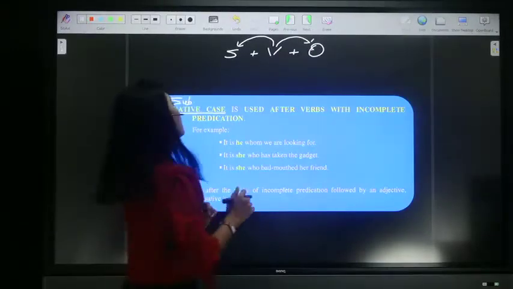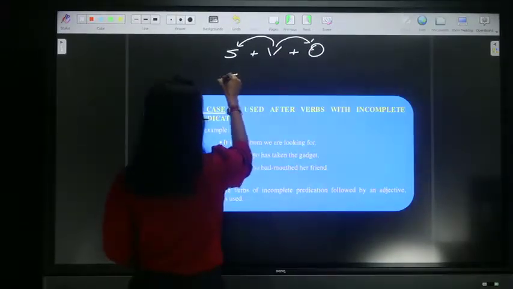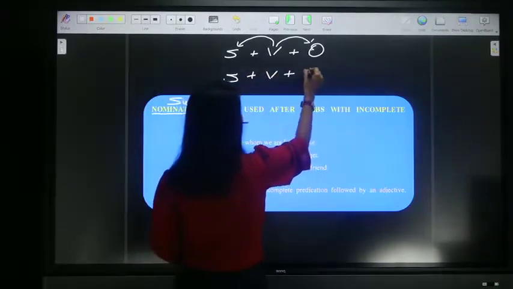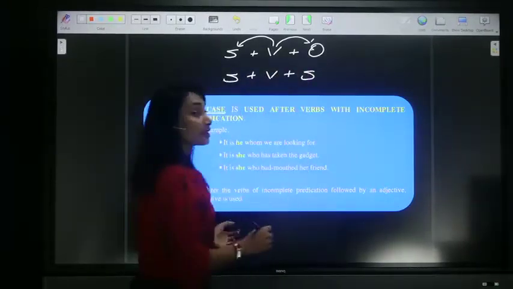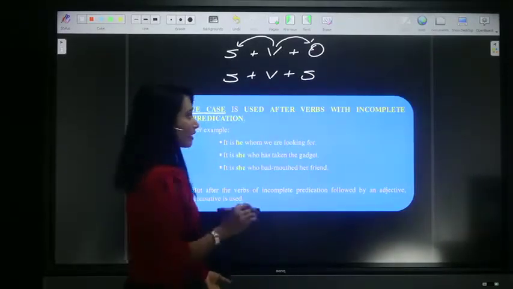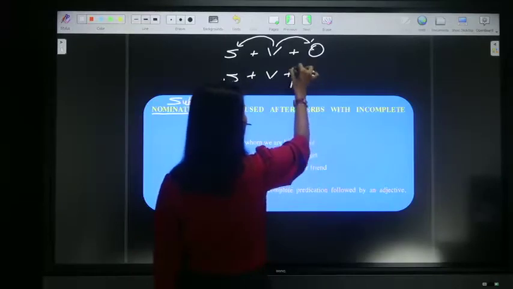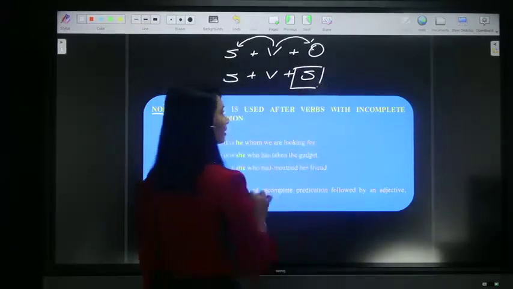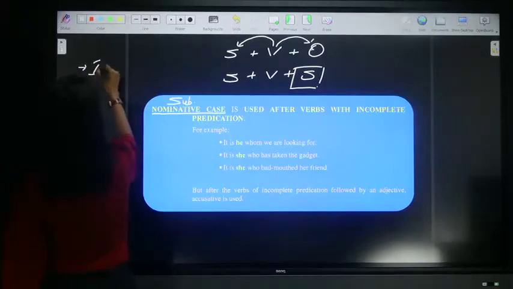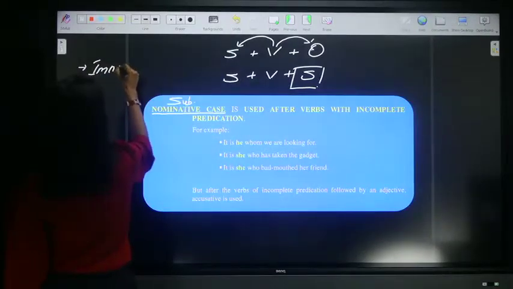But there are some cases where we can use subjective case after the verb. What are those cases? There are only three cases where we use subjective case after the verb. Case 1, in imaginary condition, we discuss in if clause.